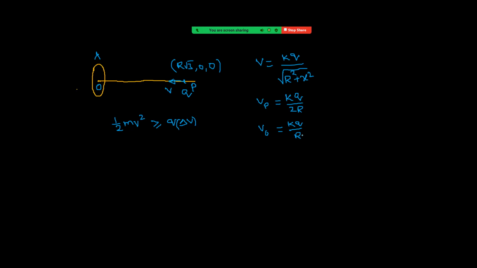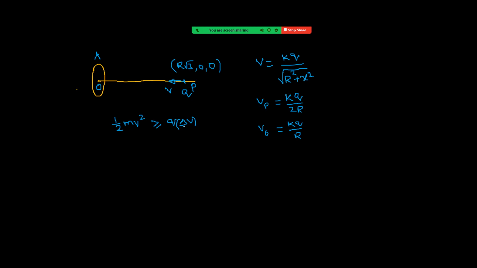So see carefully, at the origin the potential is maximum. The particle is moving from low potential to high potential, which means its potential energy is increasing. It is increasing at the cost of the loss of kinetic energy. So kinetic energy is decreasing, and that is increasing the electric potential energy.